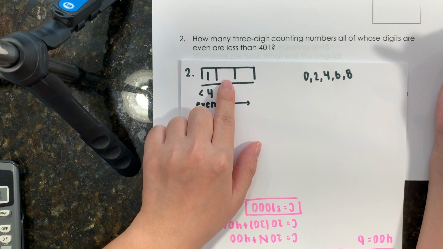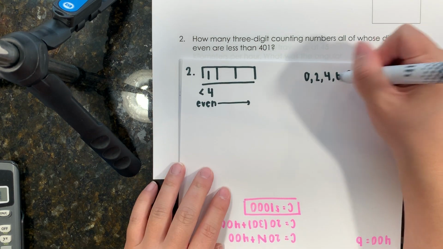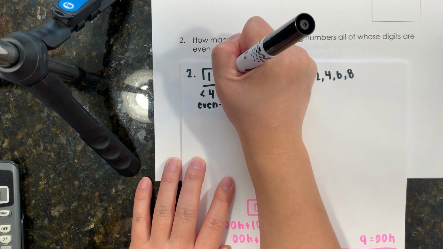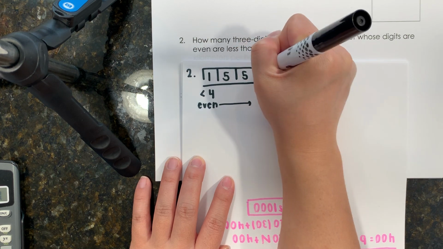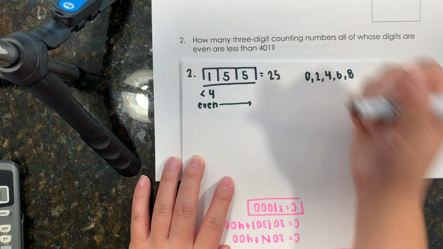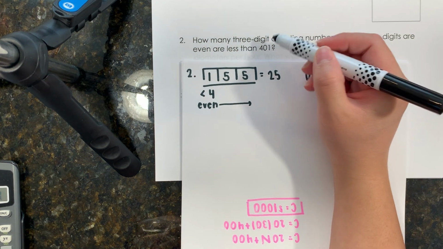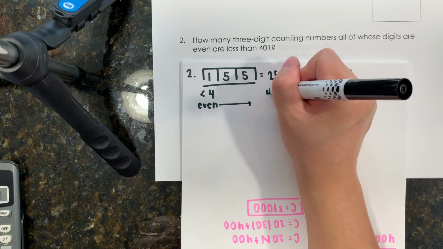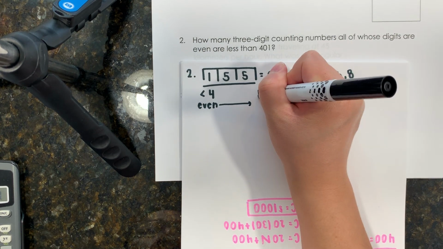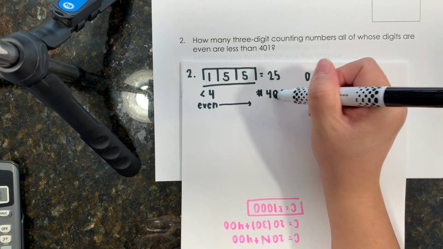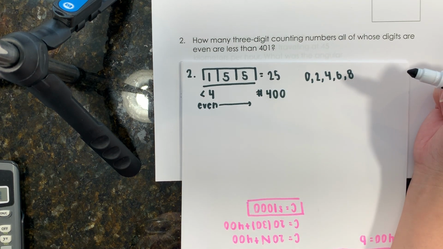Now, the other digits only have the condition of being even, so I can use any of those numbers, so those boxes would be filled with 5 and 5. So right now I think that my answer is 25, but we're missing one. Isn't the number 400 made of all even digits?